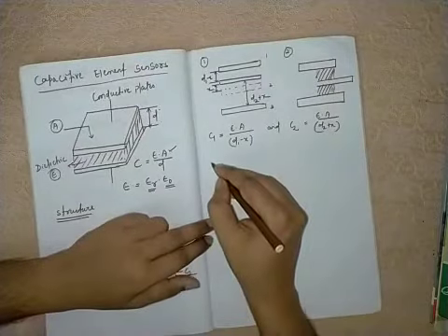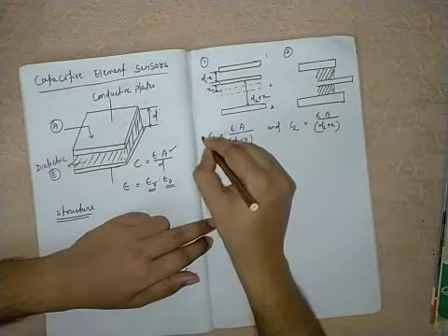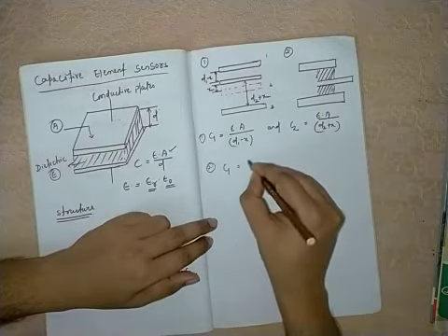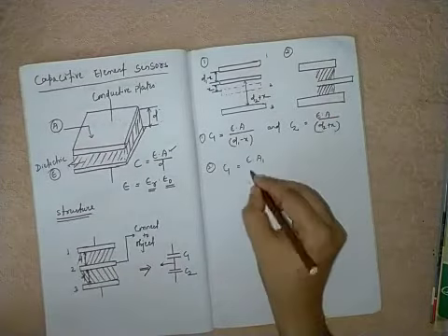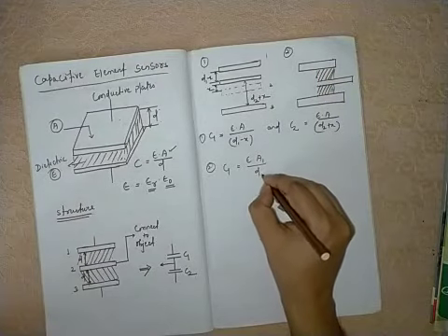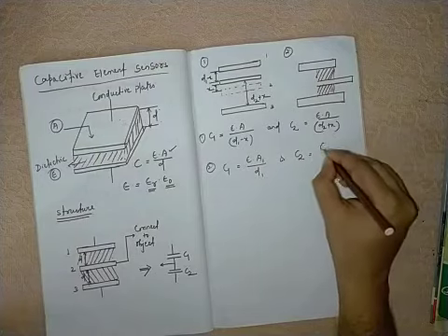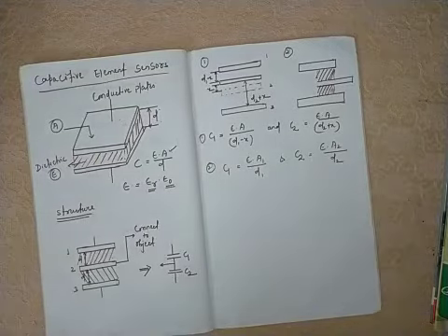So in the second case, when plate 2 shifts to the right-hand side, C1 will become epsilon naught into A1, because the area of overlap changes but the distance remains the same. Let it be d1, and C2 will be epsilon into A2 whole divided by d2.